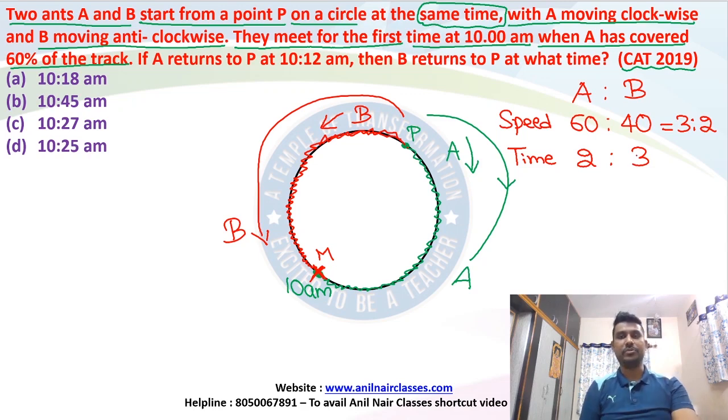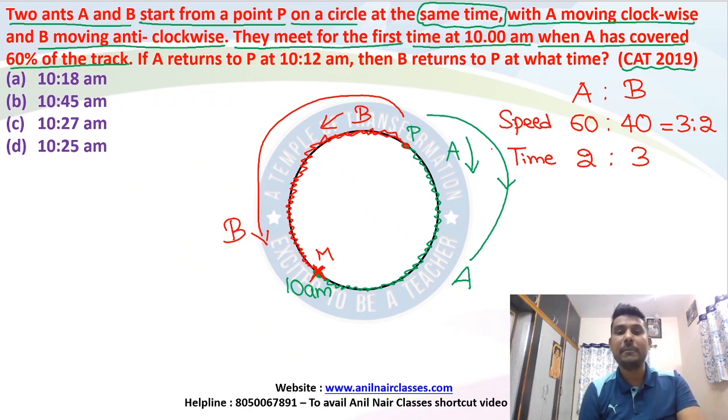It will be 2:3. That means time taken by ant A to travel from P to M is nothing but 2, and time taken by ant B to travel from P to M is nothing but equal to 3 minutes. That is the meaning of time ratio. Now, until this, it's very clear, is what I believe.